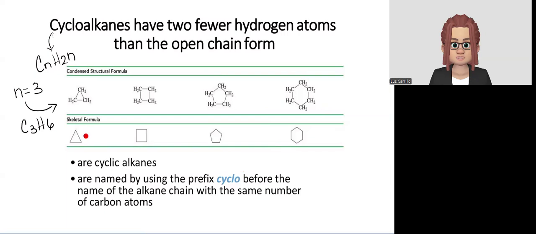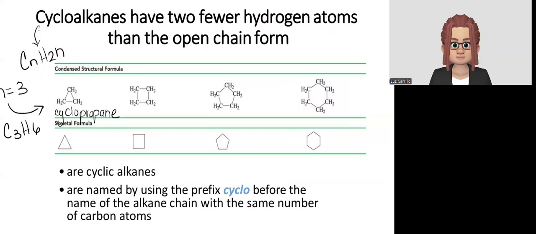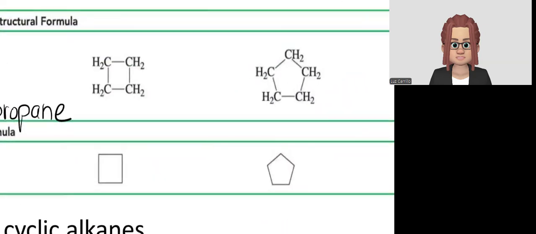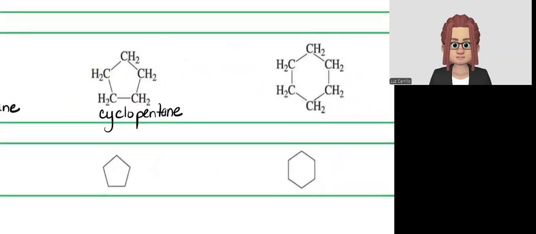So since this structure has 3 carbons, this is cyclopropane. The next one, 4 carbons, cyclobutane. Next one, cyclopentane. And the last one in this figure, this is cyclohexane.